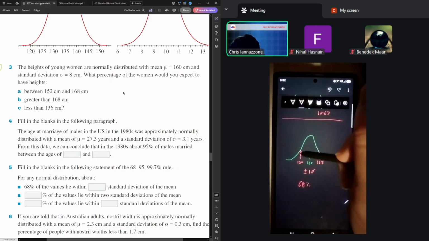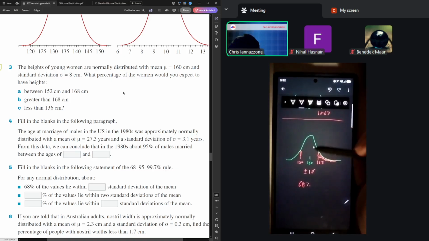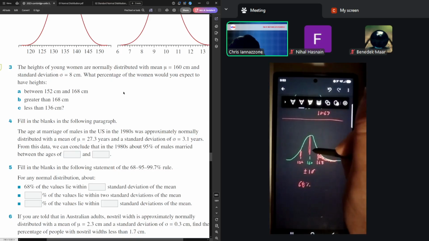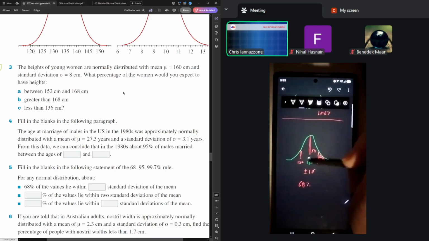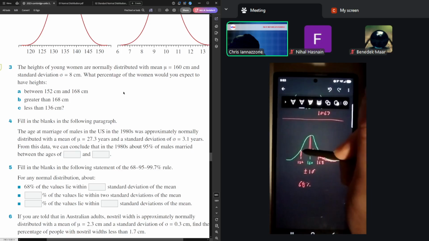If it's 68% that's between plus minus one standard deviation, then this slice from the mean to one standard deviation is going to be half of that. So half of 68, looking at 34 there. From there, you pretty much always use everything left of the mean as 50%.